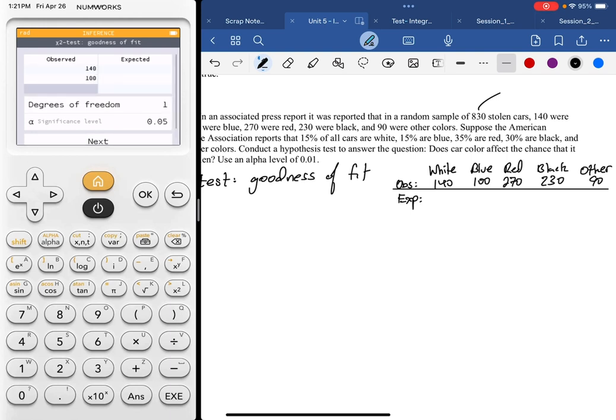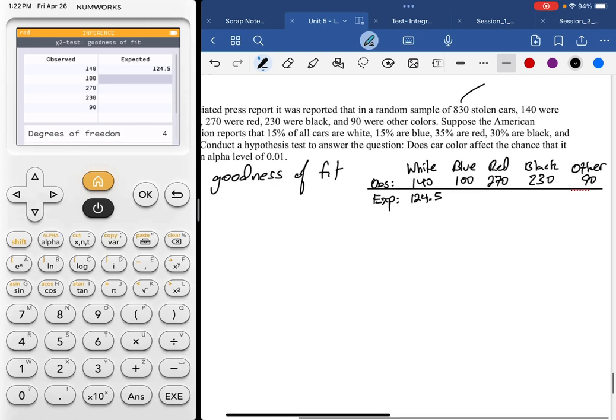As data entry goes, it's not as terrible as some other cases. It's only typing in 5 values. But then under expected, I'll do 830 times 0.15. They want you to indicate the expected values on paper, so make sure you do that. Whatever you put in the calculator, also write down.